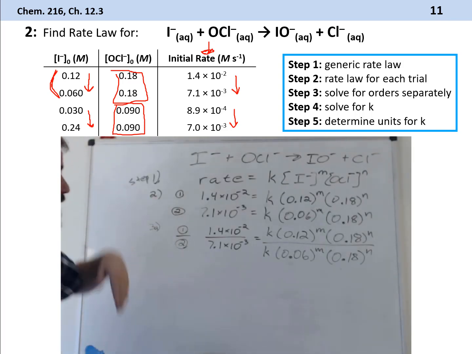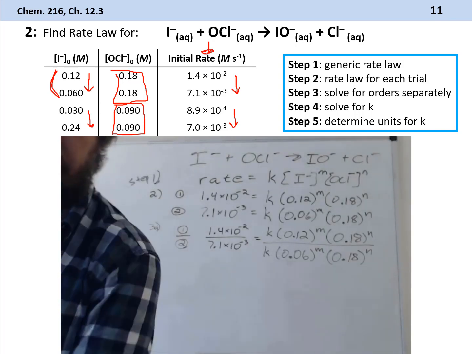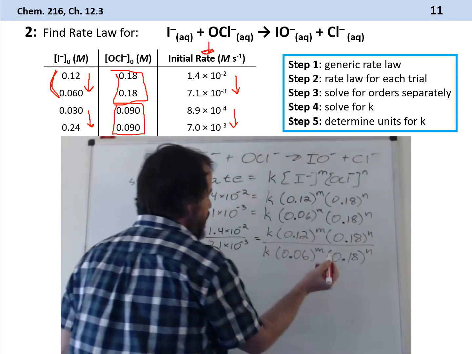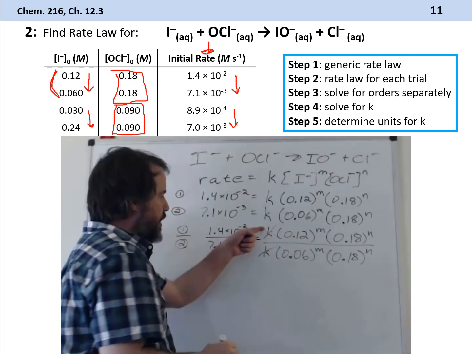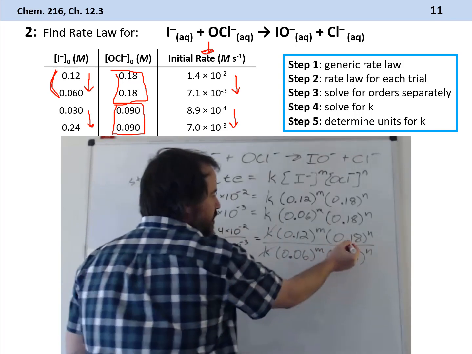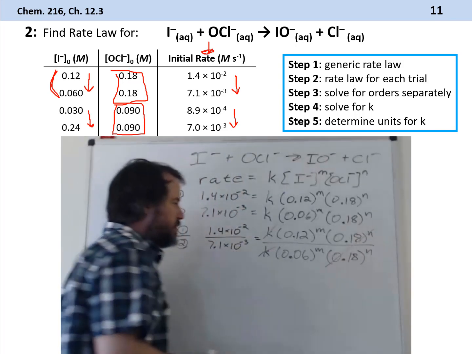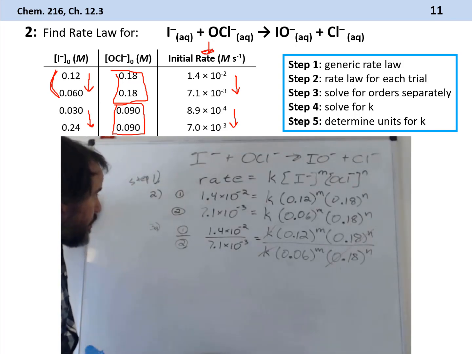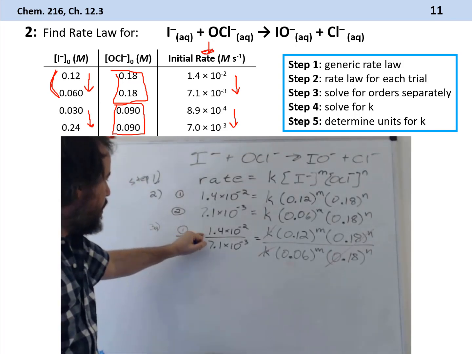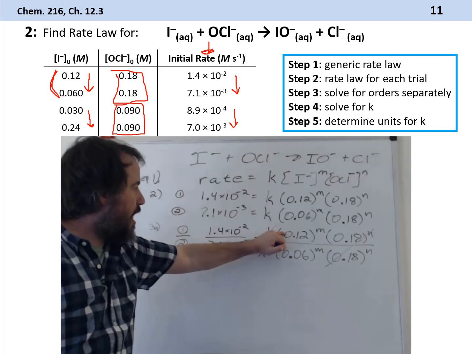All right, so I have this, and now I look at what's constant. So my k is constant, so k over k gets me 1. 0.18 to the n over 0.18 to the n, that cancels. All right, so now I have this over this and this over this.